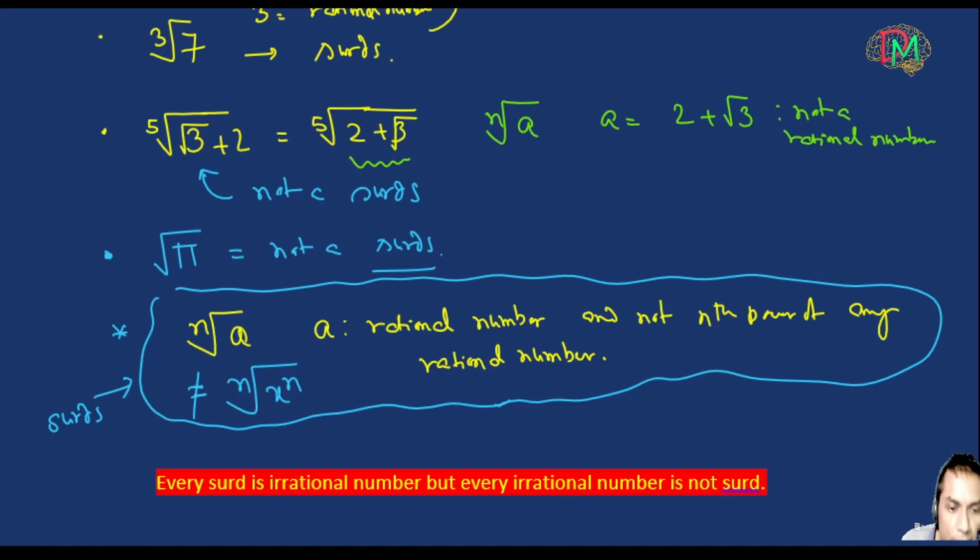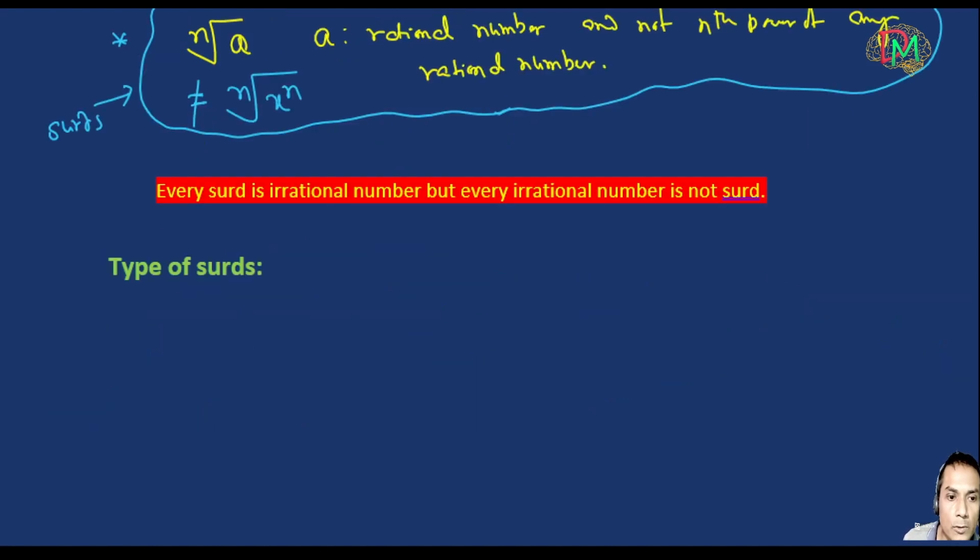Is that clear? So next we learn the types of Surds. Under this type, first is the unit Surd, and the multiple of a unit Surd.